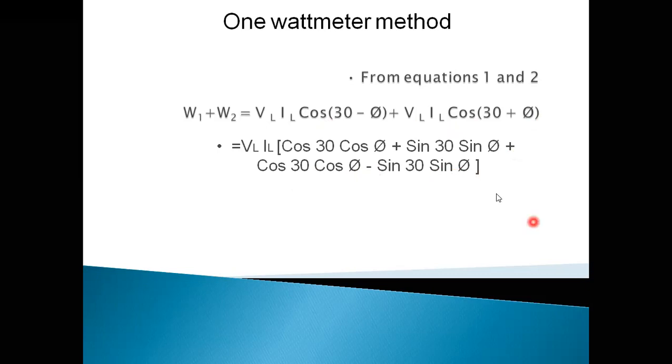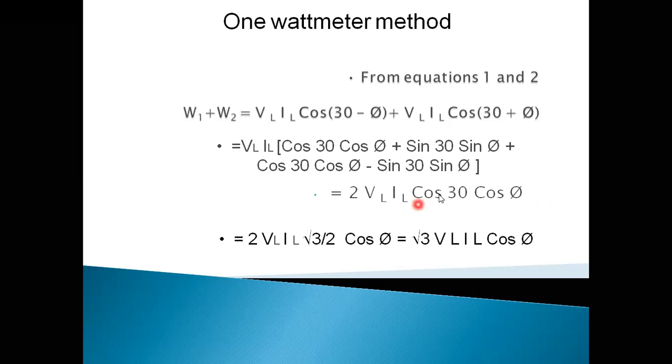It's simple math, trigonometry. When I simplify this, sin 30 sin 5 minus sin 30 sin 5 gets cancelled. I have cos 30 cos 5 plus cos 30 cos 5. So I'll be left with 2 VL IL cos 30 cos 5.